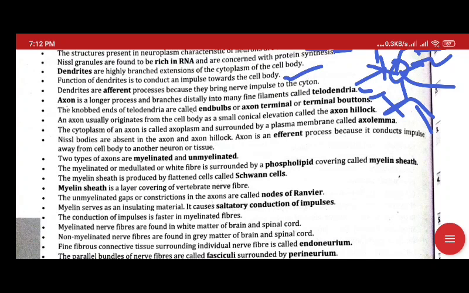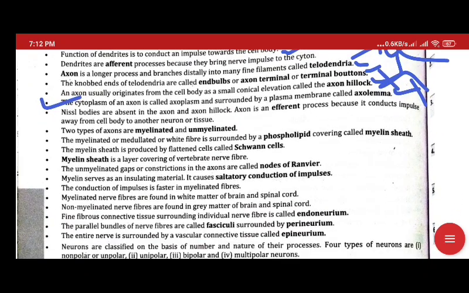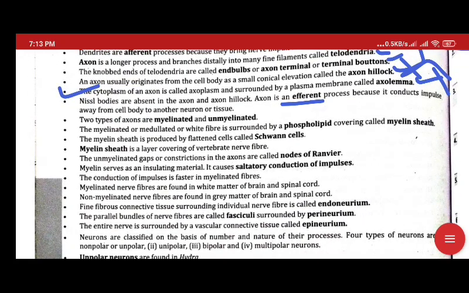Now we also have the axon hillock, and the cytoplasm in the axon is called axolemma. The axon is efferent, meaning it transmits impulse to the organ, to the body organ.